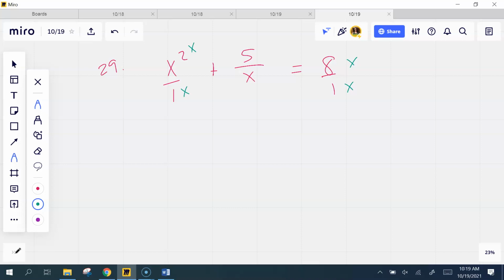This is the one I actually told third block I forgot to tell y'all. Sorry. You can only solve this with a calculator at this point. So graph it and find the zeros. Make it equal 0, so you'd have x cubed minus 8x plus 5. And if you're solving with the calculator, you're only finding the real solutions anyway. You're not going to see extraneous solutions.